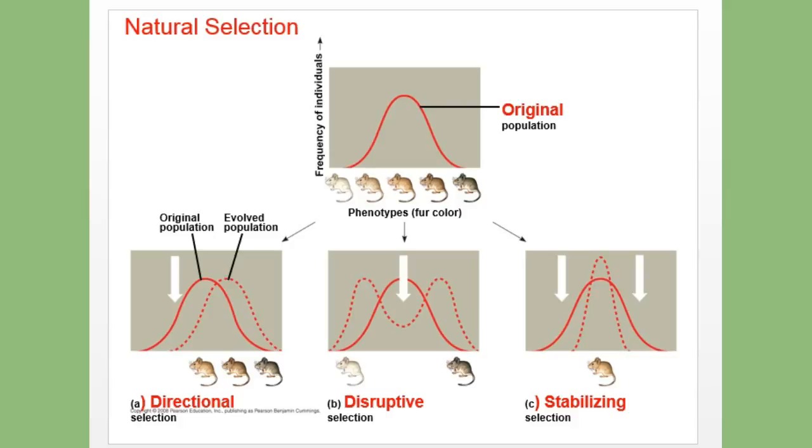These cases describe three ways in which a hypothetical deer mouse population with heritable variation in fur color from light to dark might evolve. The graphs show how frequencies of individuals with different fur colors change over time. The large white arrow symbolizes selective pressures against certain phenotypes.